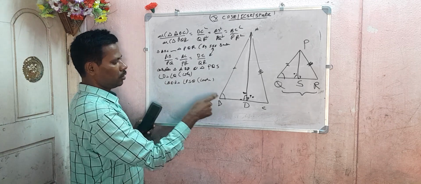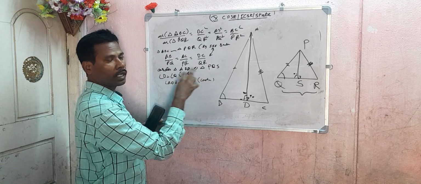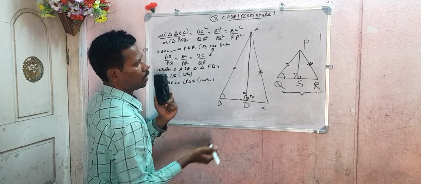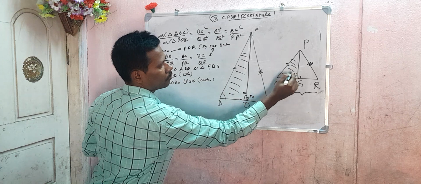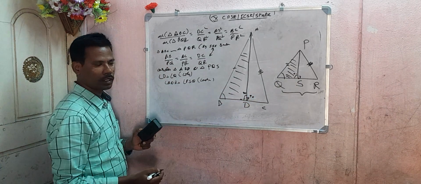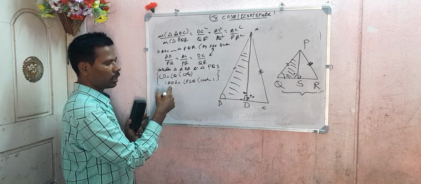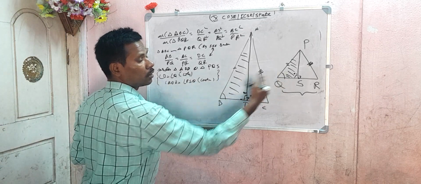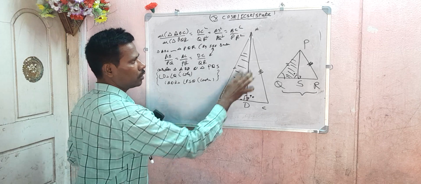So angle B is equal to angle Q and angle ADB is equal to angle PSQ. We are considering this triangle and this triangle. Can anyone tell what is the conclusion of these two?